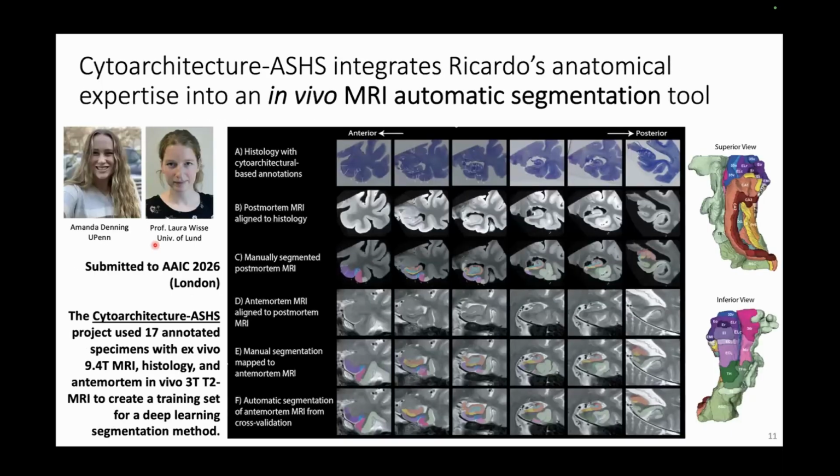We have also been working on extending this to in vivo segmentation, so this can be useful for developing biomarkers and ultimately for studying people living with neurodegenerative disease. And this is ongoing work on validation of this cytoarchitectonically informed segmentation atlas for the MTL.